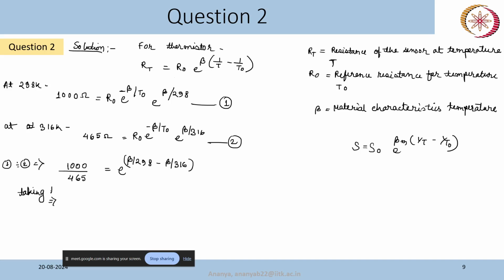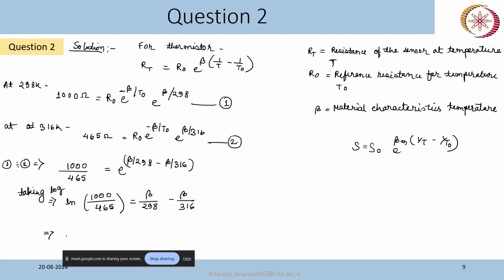This will be ln of 1000 by 465 is equal to beta by 298 minus beta by 316.